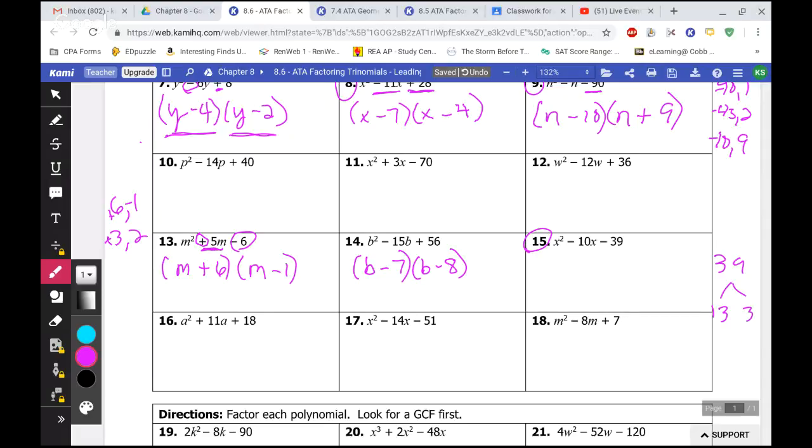And then 13 and 3 are both prime. And I already said one has to be negative, one has to be positive. So a negative 13 combined with a positive 3 would definitely give me a negative 10. So you've got x minus 13, x plus 3.